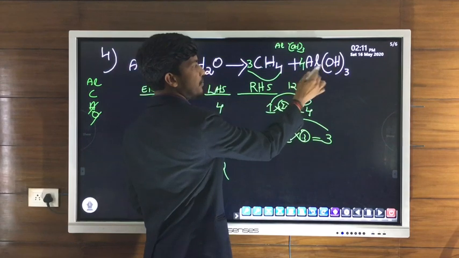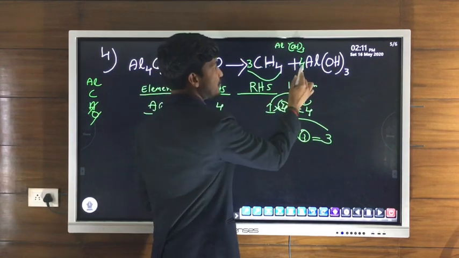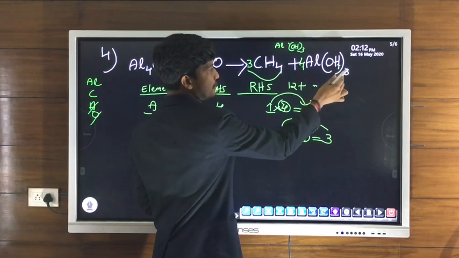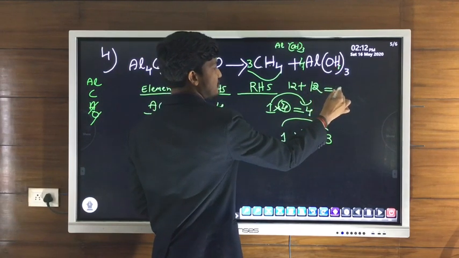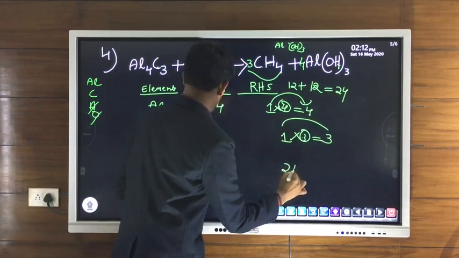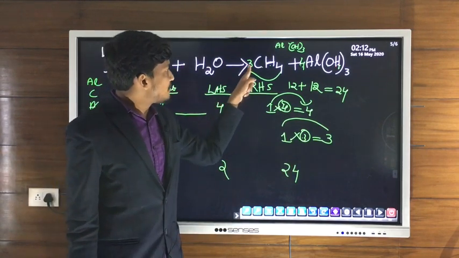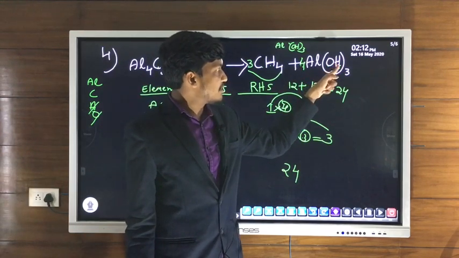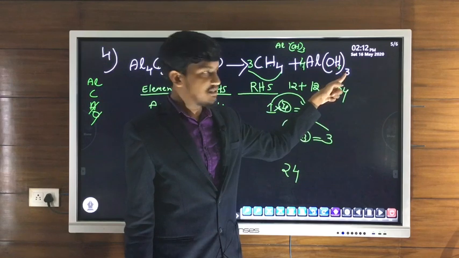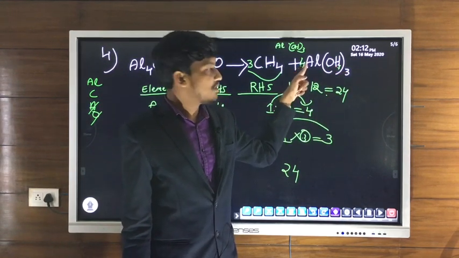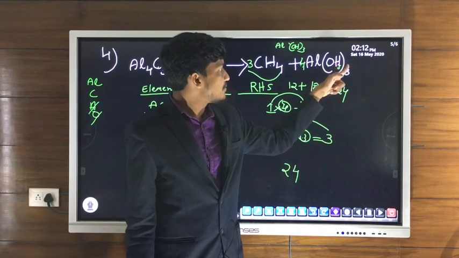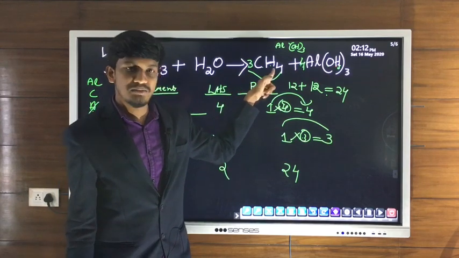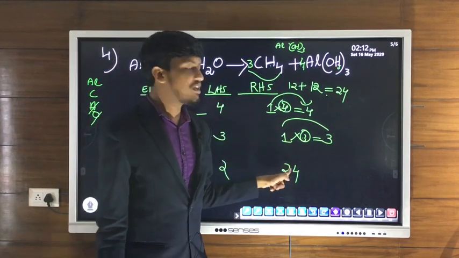Plus from 4Al(OH)3: H is in the bracket, so we multiply by 3, and there is also coefficient 4. So 4 into 1, 4, then 4 into 3, 12. 12 plus 12, 24.